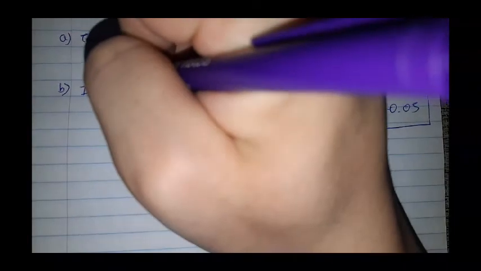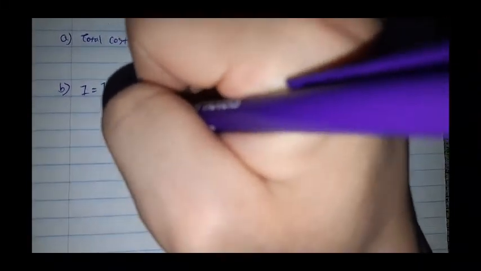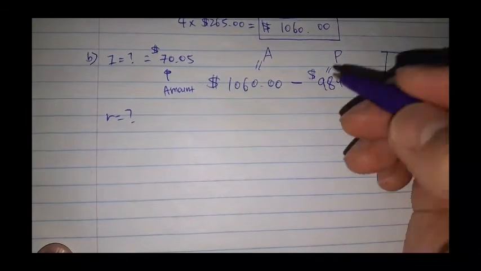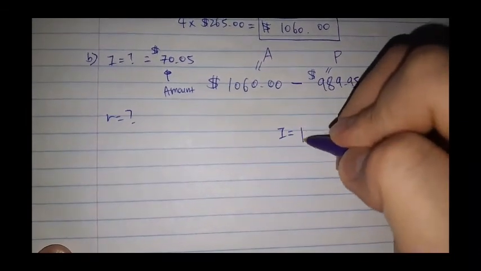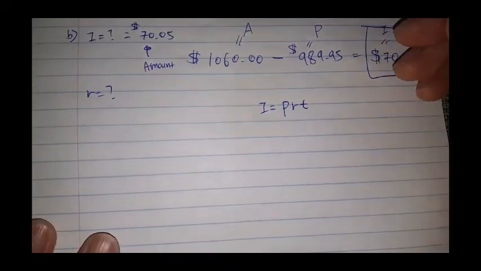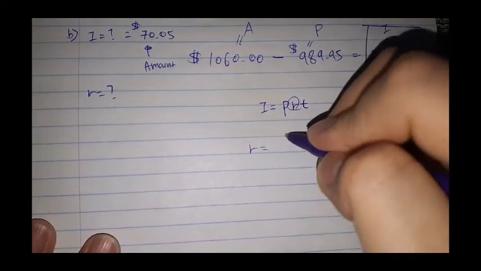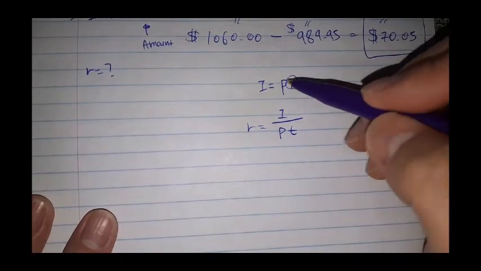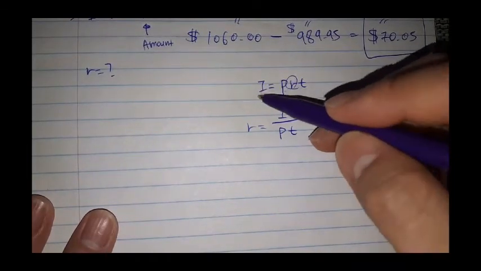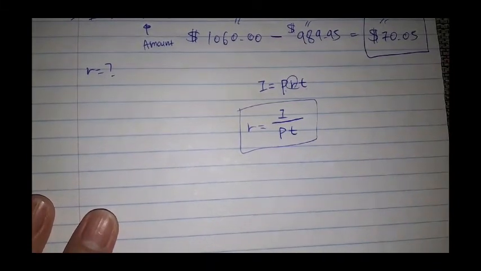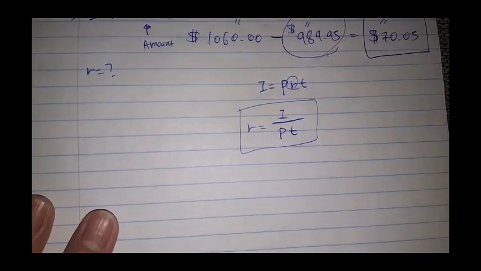Now, that is my interest. The question doesn't finish there. This is the interest amount, but the question is asking, what is your value of R? The question says to use your simple interest formula, I = PRT. First of all, in order to find R, you have to rearrange it: R is equal to I divided by P times T, because they are multiplying together, so divide by P on both sides, same thing for T. Now, the principal amount we know; that's the original amount.